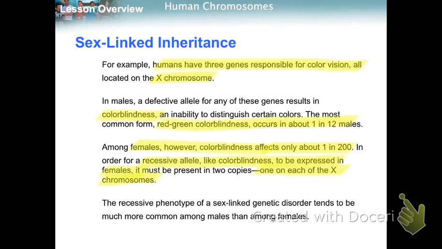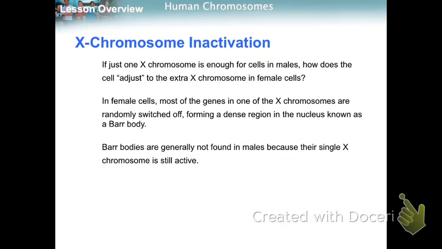So the recessive phenotype, or the affected phenotype, of a sex-linked genetic disorder tends to be more common among males than females. So if just 1 X chromosome will do the trick in males, then what happens to all that extra genetic information in female cells?